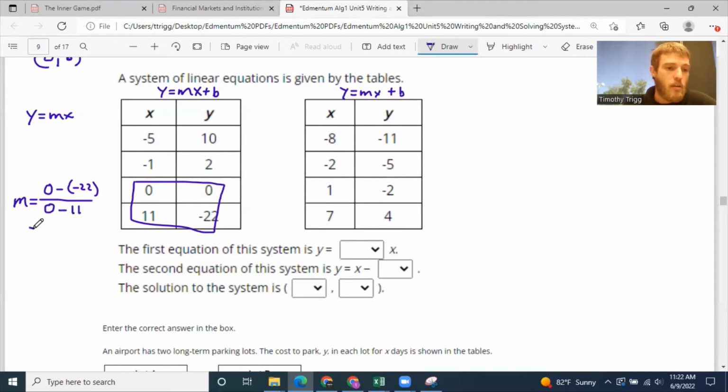So that gives us this double negative on the 22, makes it positive. Then we have a negative 11 here, giving us that the slope is negative 2. So we know that for this first equation, it'll be y equals negative 2x. So it'll be a negative 2 here. The second equation is x minus, so they already told you the slope is 1, basically.